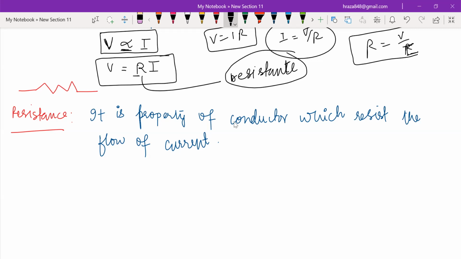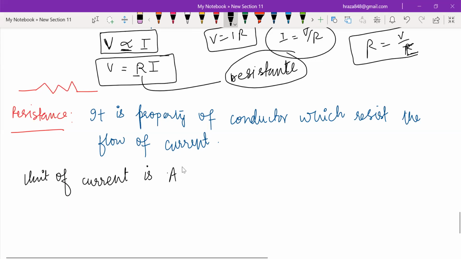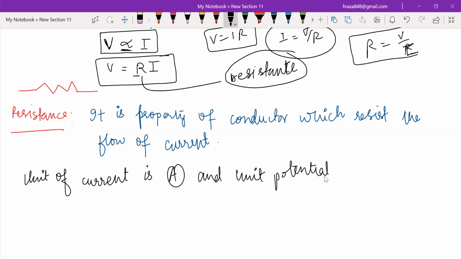Please do write it. The unit of current you already know is ampere, and the unit of potential difference is volt.